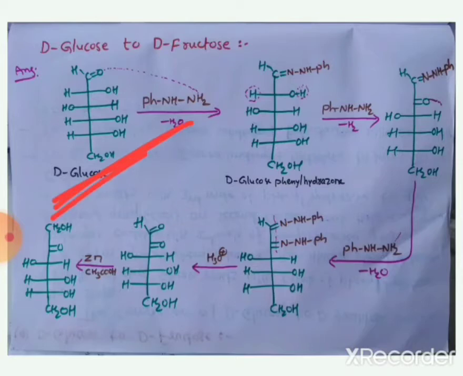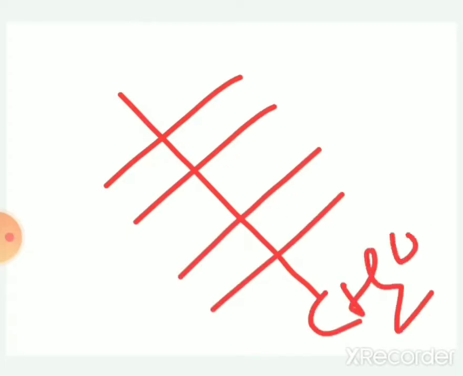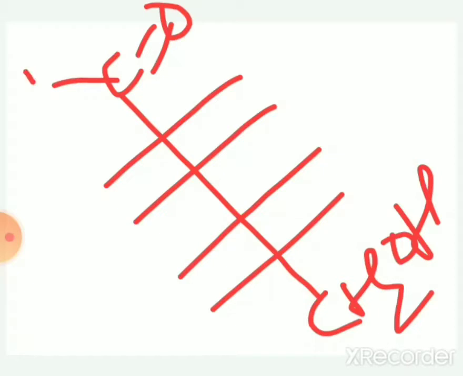We know the glucose structure. Once again, I will recall it. Four lines. On the bottom side, the CH2OH group is present. From the top side, the aldehyde group is present.